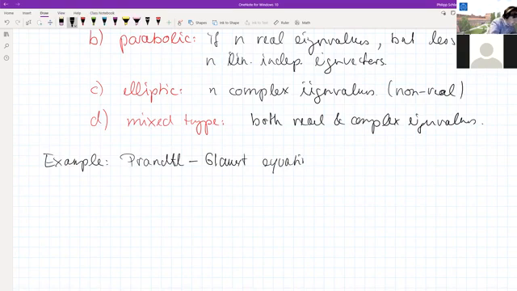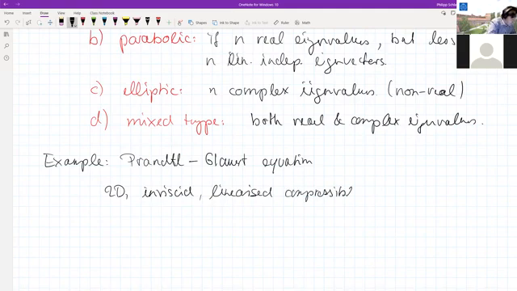I forgot from what year it is, probably in the 20s, 30s, and it describes the two-dimensional, inviscid, linearized and compressible flow over a thin body. You can think of a rocket, for instance.